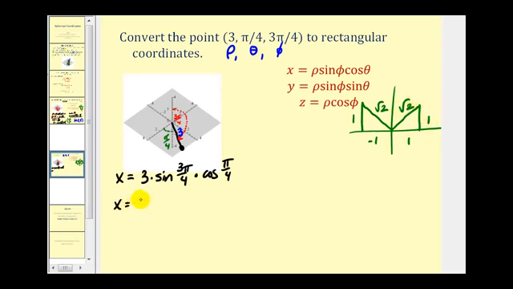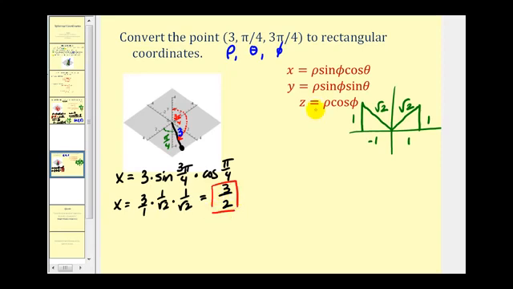So x is going to equal 3 times the sine of 3 pi over 4, which is opposite over hypotenuse, or 1 over square root 2. The cosine of pi over 4 is going to be 1 over square root 2 as well. We're going to have 3 in the numerator, and square root 2 times square root 2 would give us 2. So here's our x coordinate.